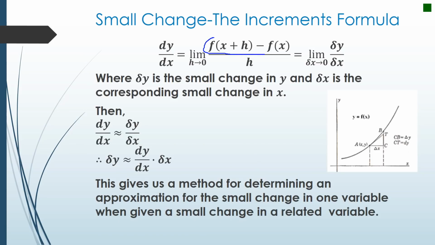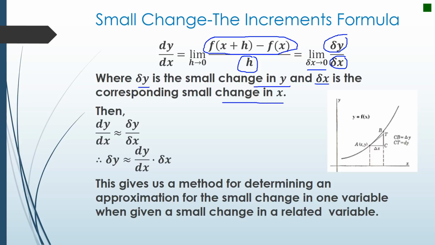We know that the numerator, which is this part, is the change in y, and this h is the change in x. If the change in y and the change in x is small, so we can actually write dy dx as the limit of delta y over delta x as delta x approaching 0, whereby delta y is the small change in y and the delta x is the small change in x.